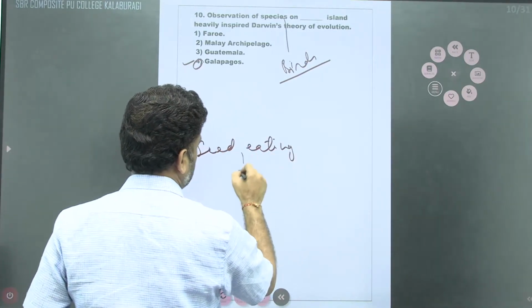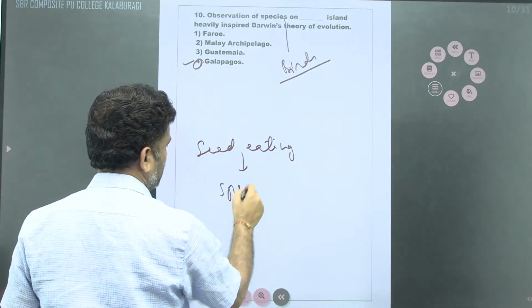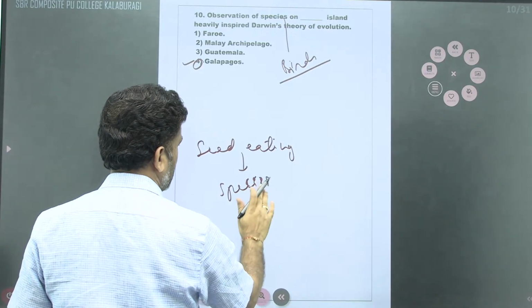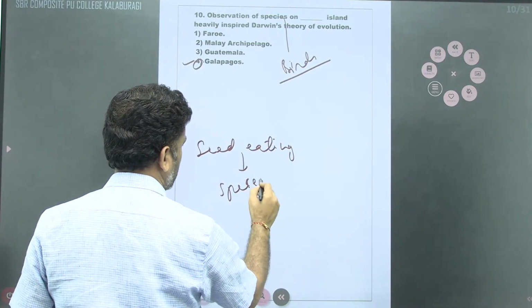These seed-eating birds in turn produced different species due to the changing environmental condition or changing habitat.